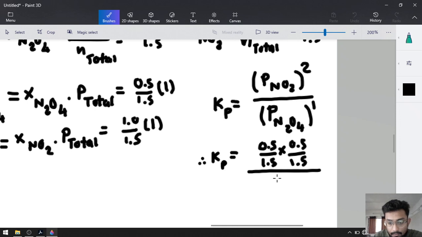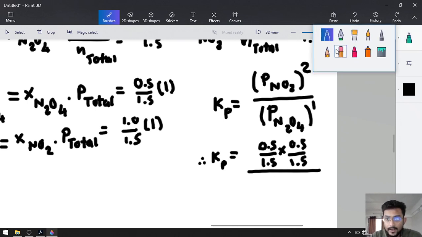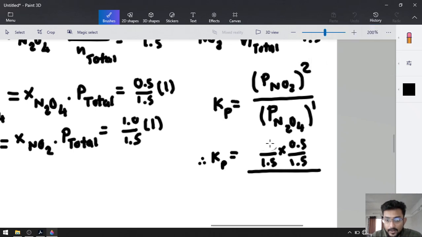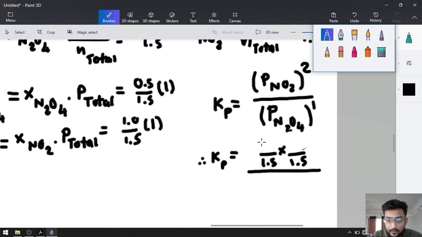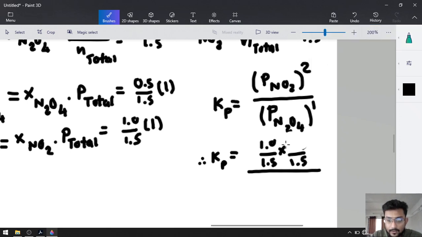Sorry, not 0.5, we have made a mistake over here. It is not equal to 0.5 because NO2 is the product, so it is 1.0 and 1.0 in the numerator. In the denominator, 0.5 divided by 1.5. So 1 time 1.5, the 1.5 will be cancelled out.